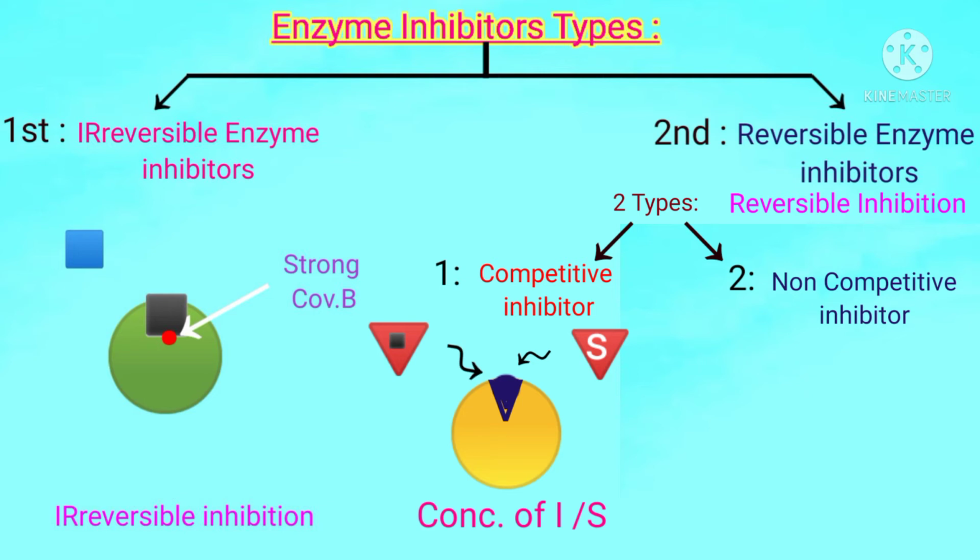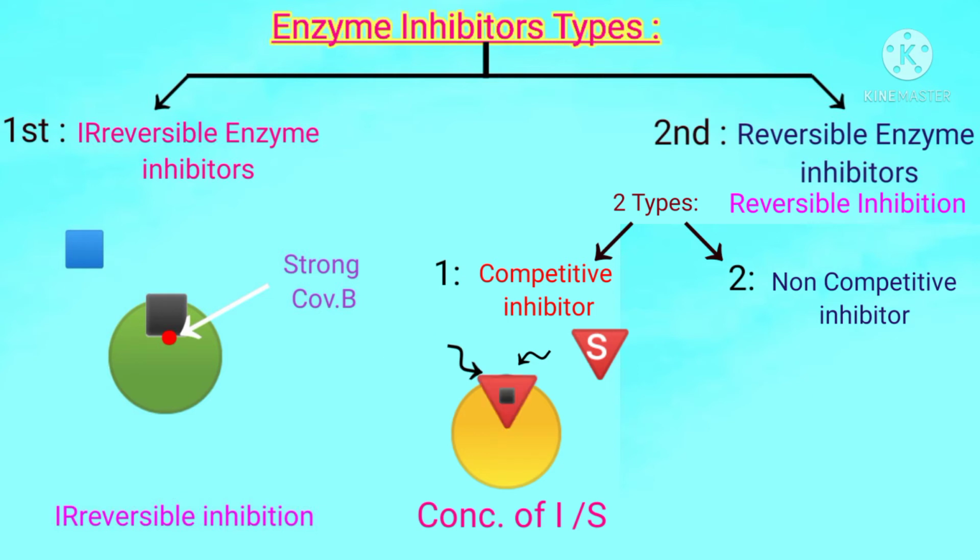The substrate with a deficient amount will not occupy the active site, whereas the inhibitor with a deficient amount will also not occupy the active site. Only the substance in sufficient amount, substrate or inhibitor, will win the competition and succeed in occupying the active site.